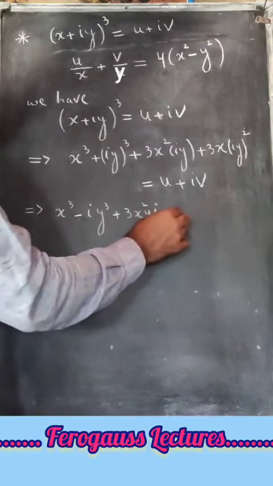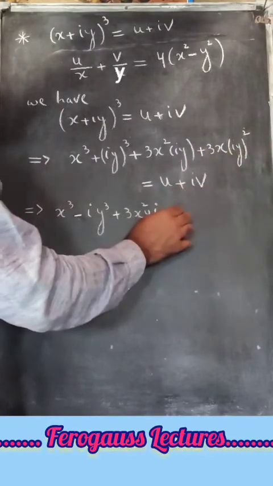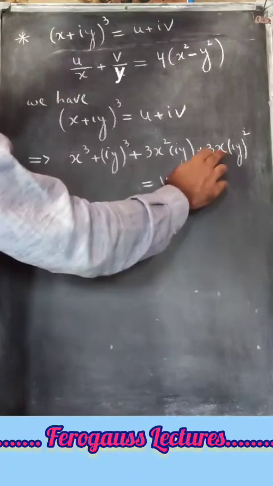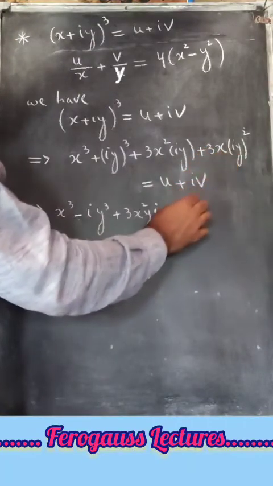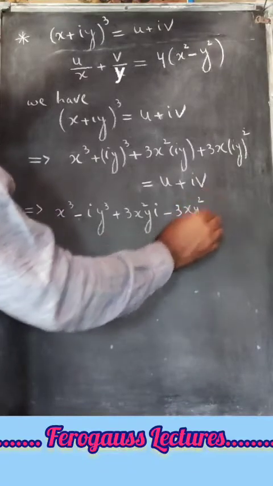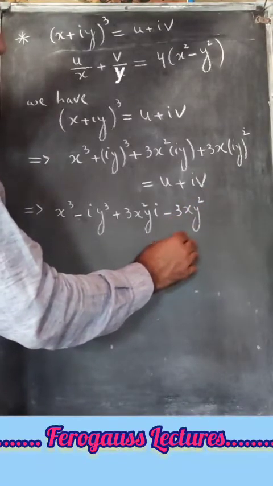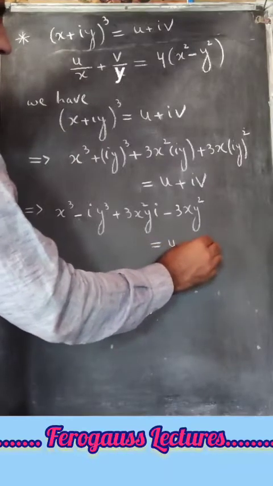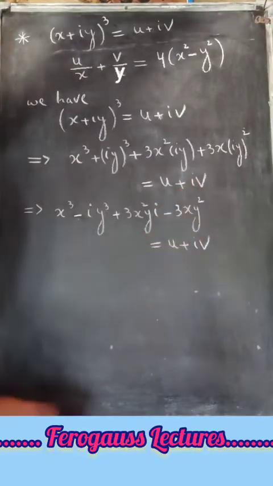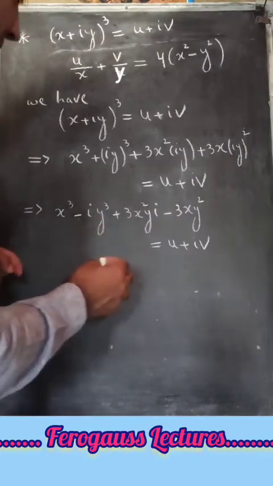Then we have 3x iota square, which is minus 1, so we get minus 3x y square, equal to u plus iota v. Now we separate real parts and imaginary parts.